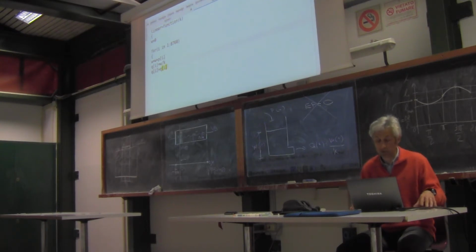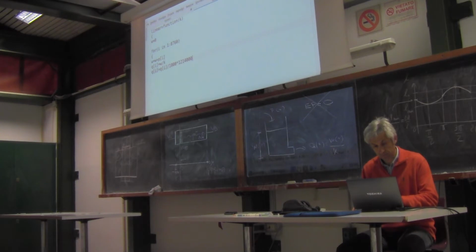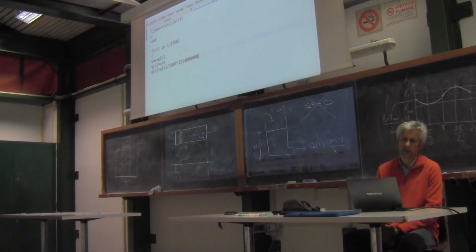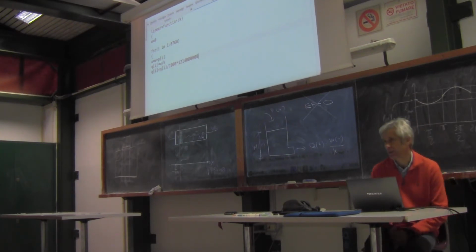So if we want to compute the flow in cubic meters per second, we have to divide it by 1000. In this way, we get to meters. And we have to multiply it by the area of the catchment, which you remember was this number. And this number in square kilometers was 1214, and then we have to add 6 zeros. I think this is fine because K is in seconds already, and therefore it should be fine.